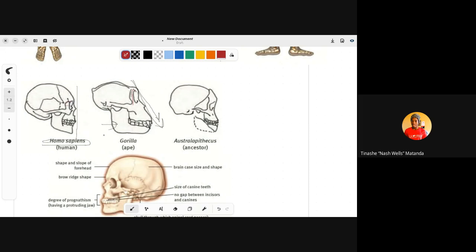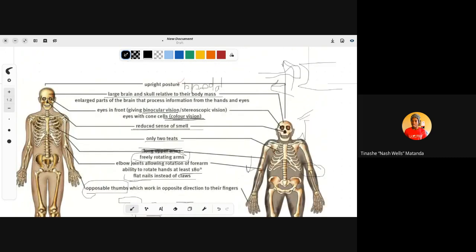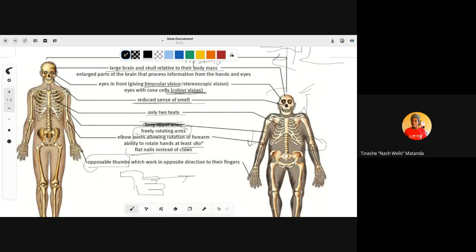Okay, then when we look deep into the skull itself, we'll notice the size of the cranium is not exactly the same. If you look at these guys, they have a very small brain because that's all you can keep in that tiny cranium. Previously we looked at the size of the skull itself, and it looks the same.